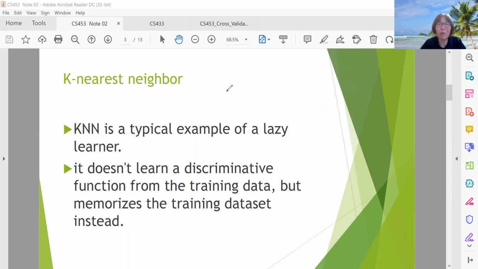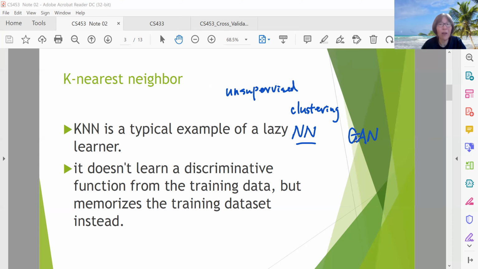And regarding unsupervised learning generally, there are a couple of different approaches, like clustering. Okay, KNN is like the clustering, and neural networks also have some approaches that support unsupervised learning, like the GAN.